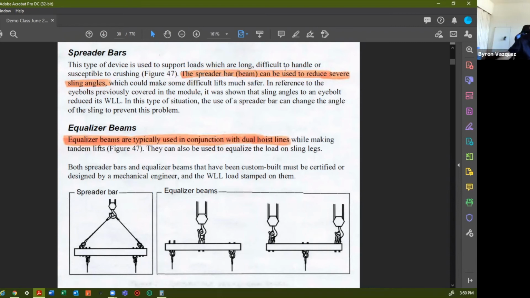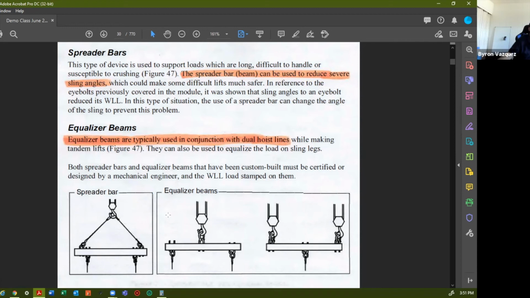The spreader bar beam can be used to reduce severe sling angle. And the equalizer beam does exactly the same as a spreader bar, but as you can see here, you can either pick up the equalizer beam from the center with its rigging down below, or you can use the spreader bar and lift up with one device from its edges.